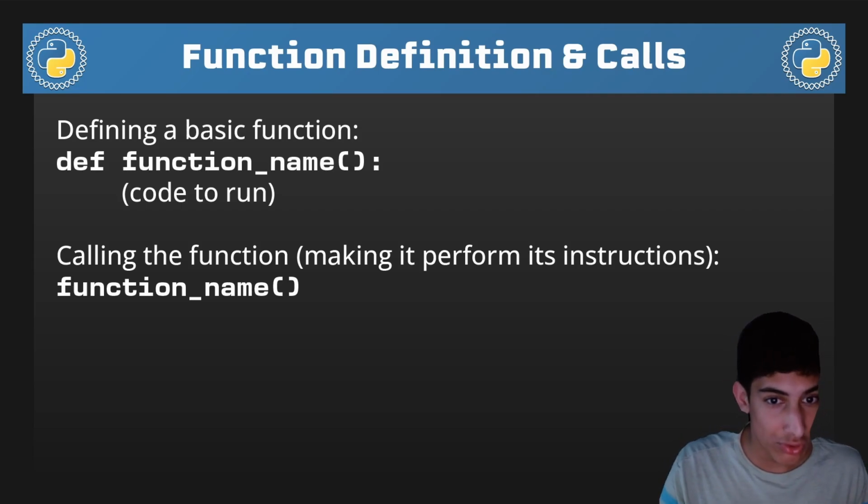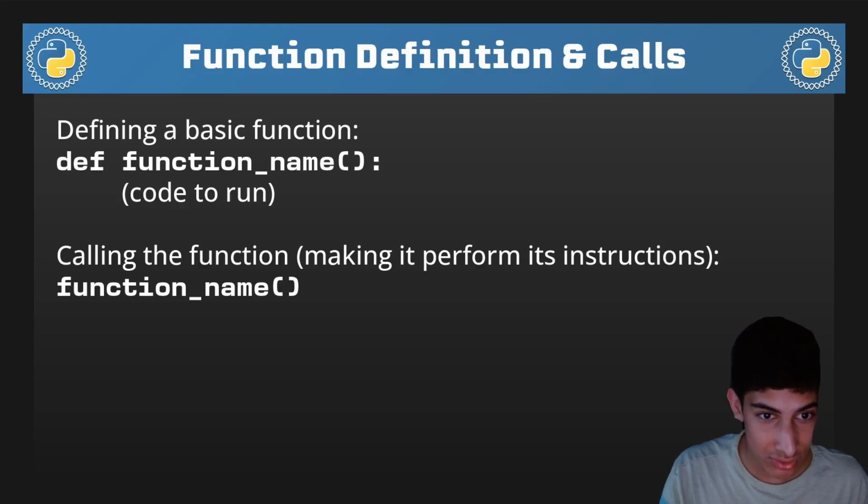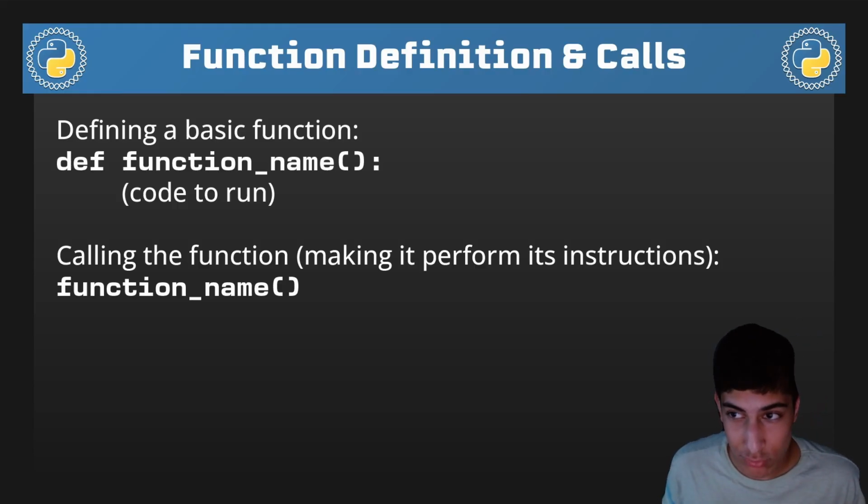Actually, before the colon, there are a pair of parentheses, and then after the colon, there's an indented block of code. It's similar to an if statement or a for loop, except this is for a function this time, but it has the same indented block, and inside that indented block is the code to run, or the instructions that the function has.